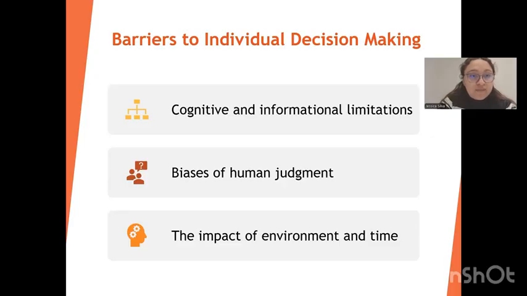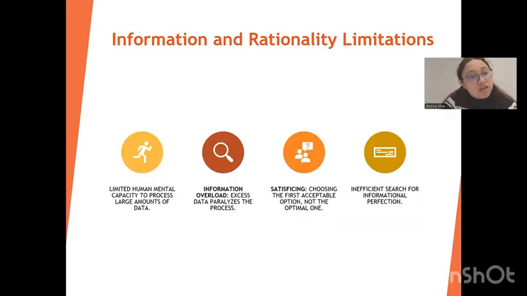We now use the satisficing option instead of the optimal one. Beyond the data, there are psychological, cognitive biases. Particularly common is confirmation bias, where we only listen to what confirms our existing beliefs.